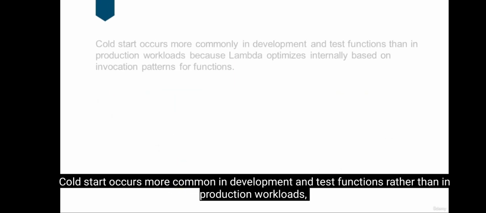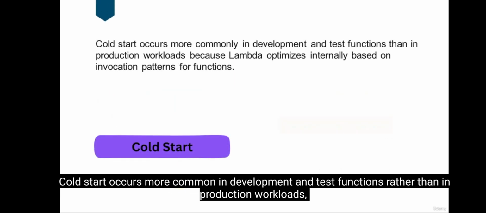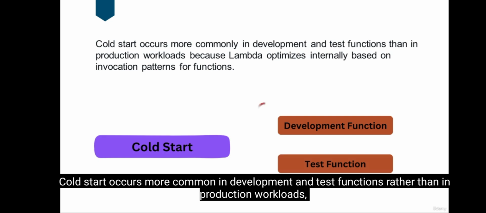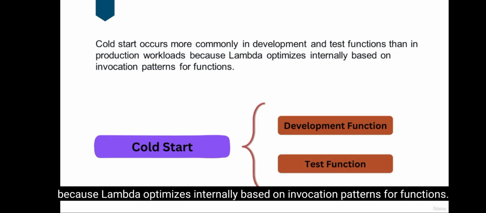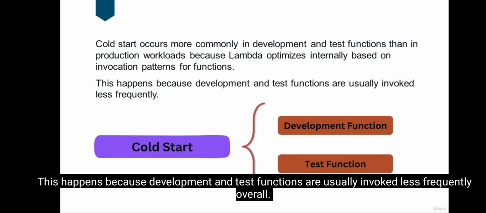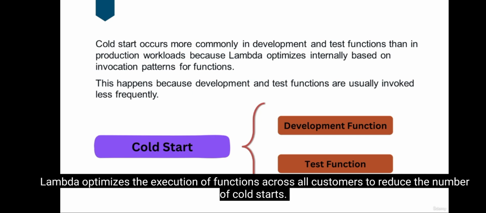Cold starts occur more commonly in development and test functions rather than in production workloads because Lambda optimizes internally based on invocation patterns for functions. This happens because development and test functions are usually invoked less frequently. Overall, Lambda optimizes the execution of functions across all customers to reduce the number of cold starts.